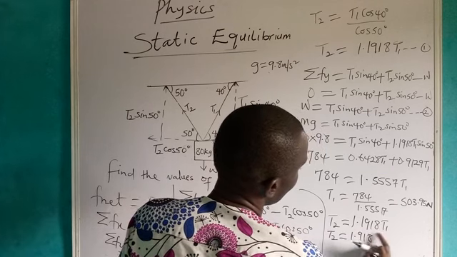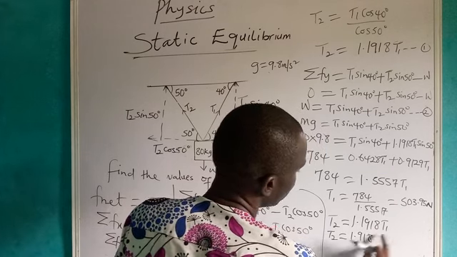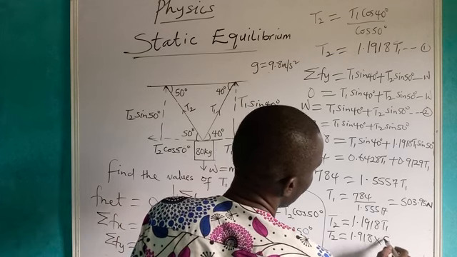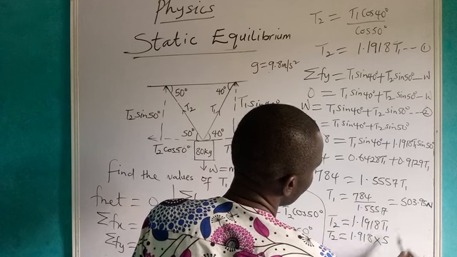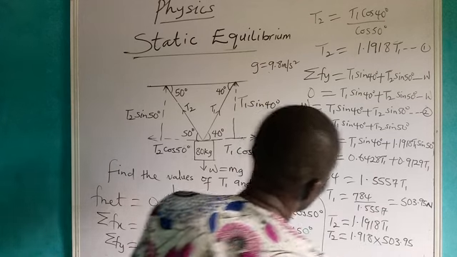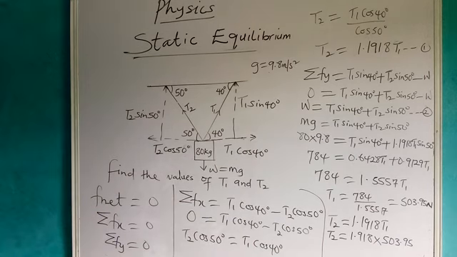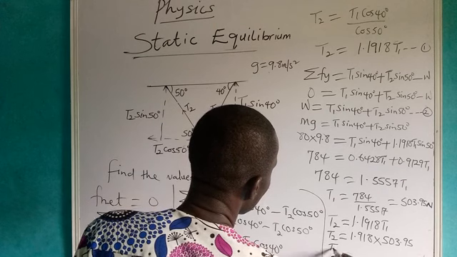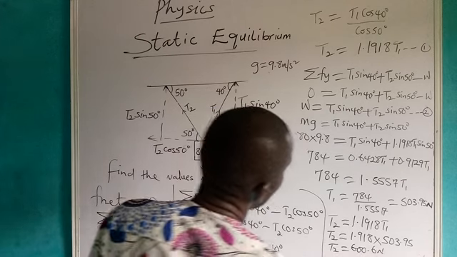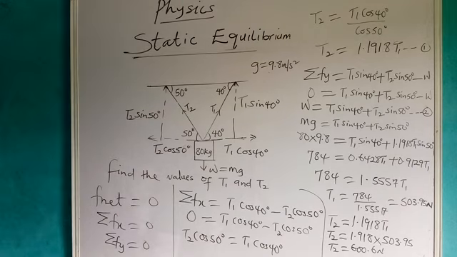There is a multiplication sign connecting both of them, so it is times. The value of T1 is 503.95. Multiplying it now, we are going to have 600.6. It means that our T2 here is 600.6 Newton.